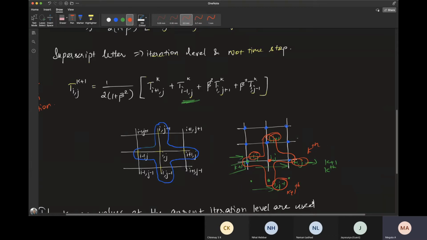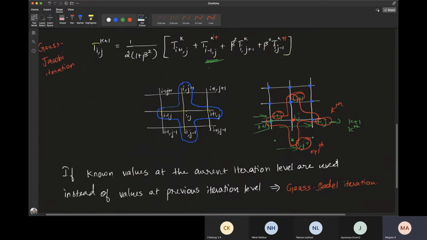can we go about just modifying these terms alone? That is, instead of using this at the kth iteration level, can we just write k plus 1th, I mean, evaluate them at the k plus 1th iteration level? These two quantities alone at k plus 1, whereas the other two which are not known at k plus 1, we'll just evaluate them at the kth iteration level.